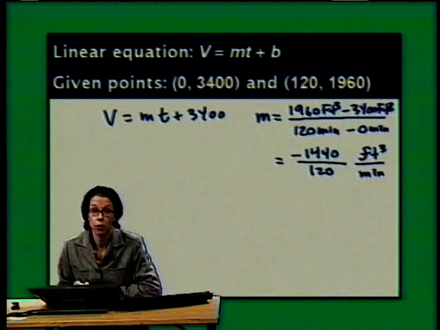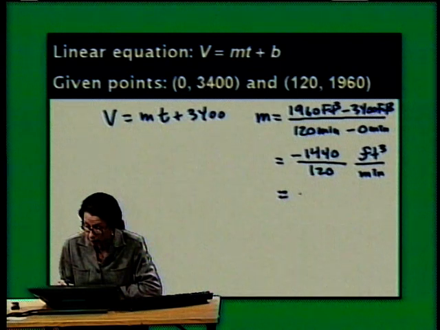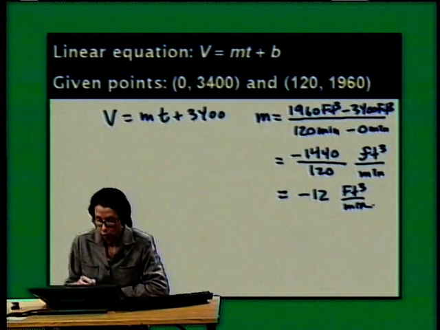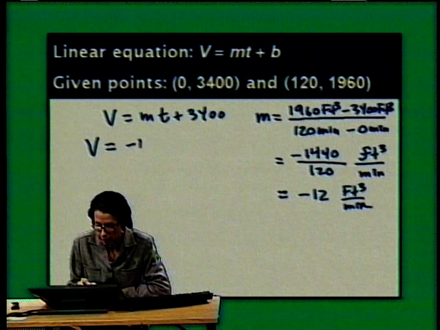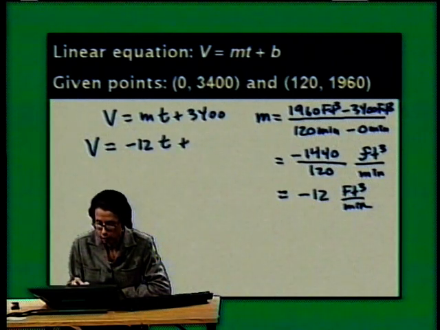Well, 12 goes into 144 12 times, so 120 should go into 1,440 12 times as well. So this is negative 12 cubic feet per minute. So my proposed equation is v equals negative 12t plus 3,400.